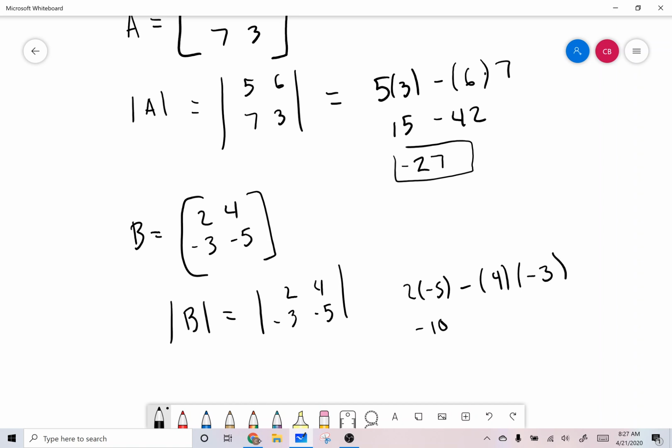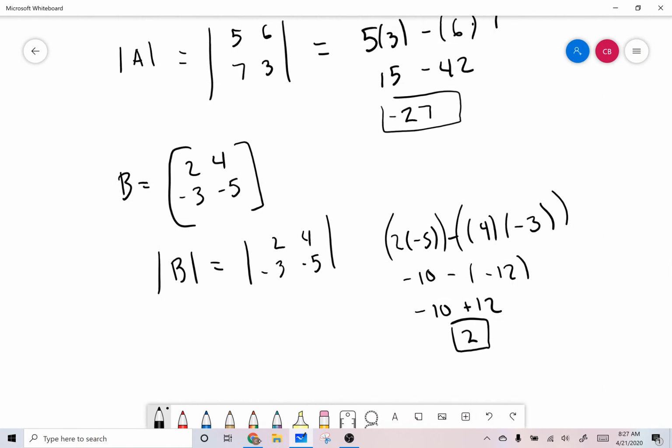This is negative 10 minus negative 12. Negative 10 plus 12, which is 2. And so we should get a determinant of that, and that will be that.